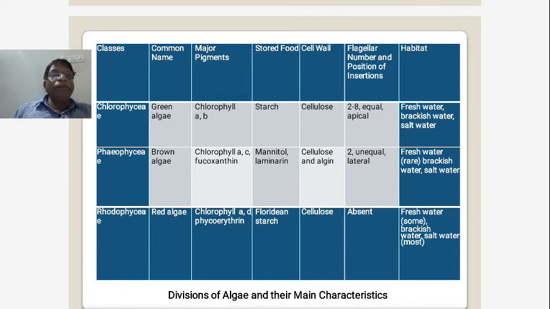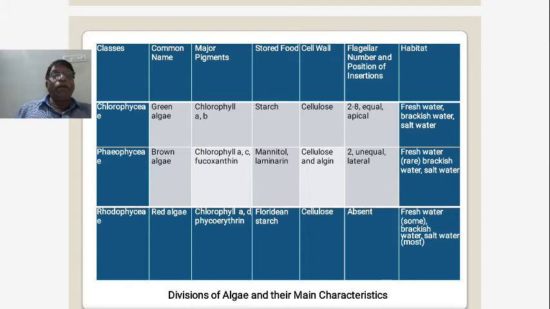Habitat means it is a natural home. Natural home means where the plants are naturally found growing. That is the habitat. See, the members of this class Chlorophyceae are commonly found growing in fresh water.